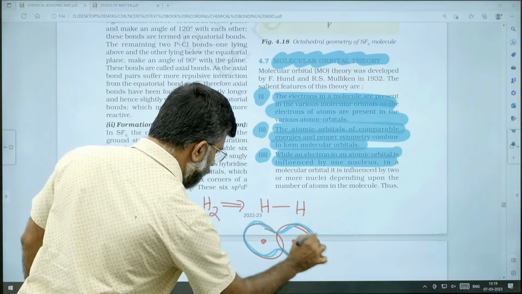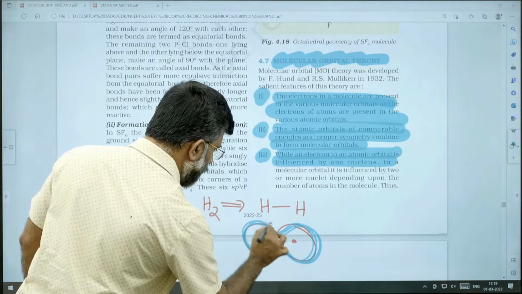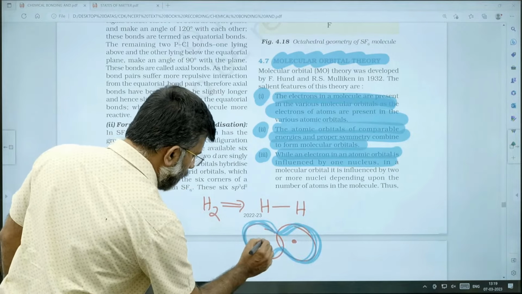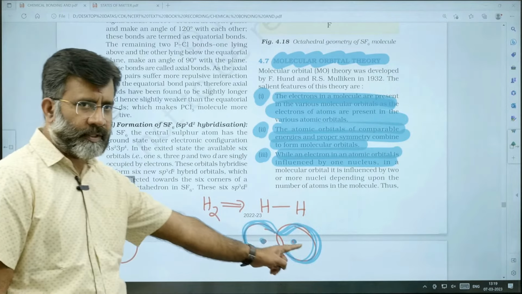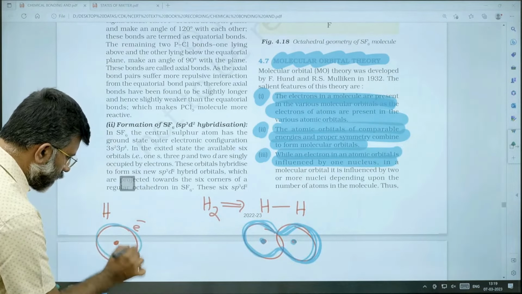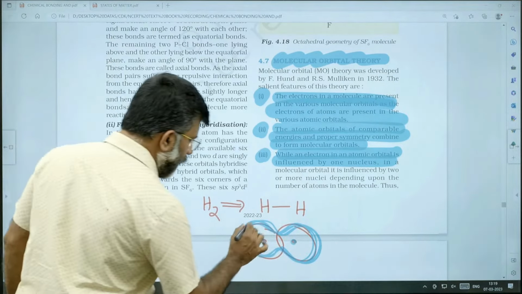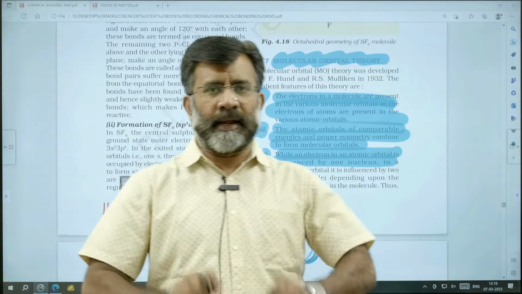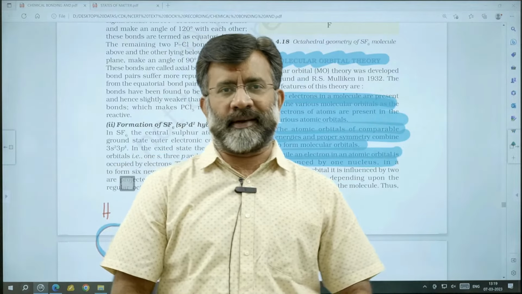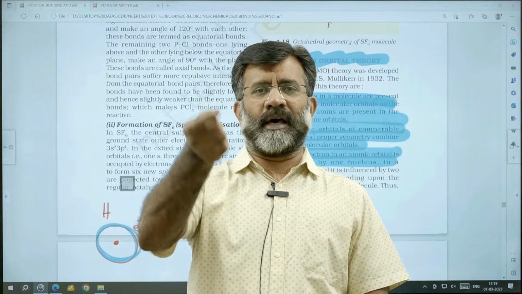This is the electronic system I am drawing. The symmetric electronic system is governed by two nuclei. This is monocentric and this is polycentric. Here electrons are monocentric. Here electrons are dicentric, polycentric. So in an atom, electrons are monocentric. In a molecule, electrons are polycentric.